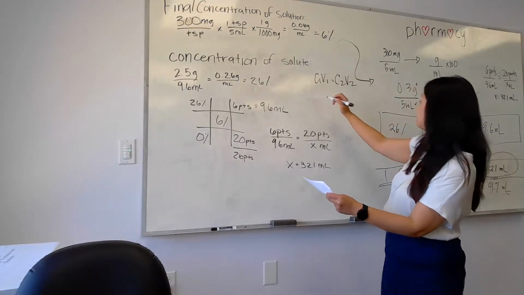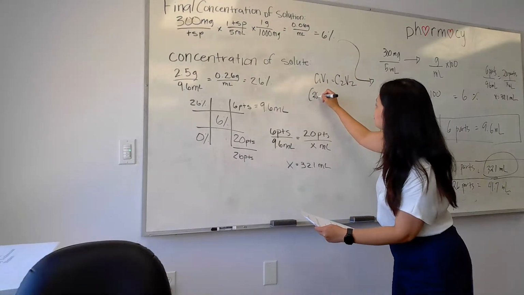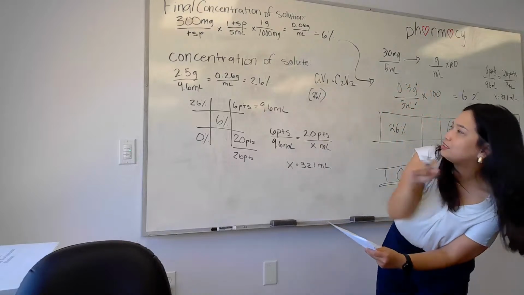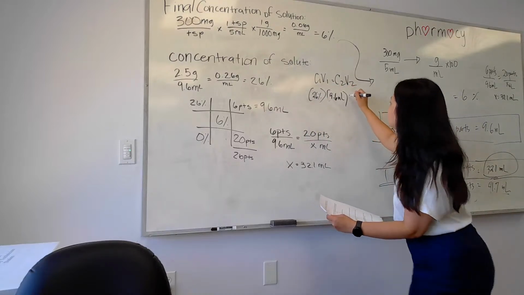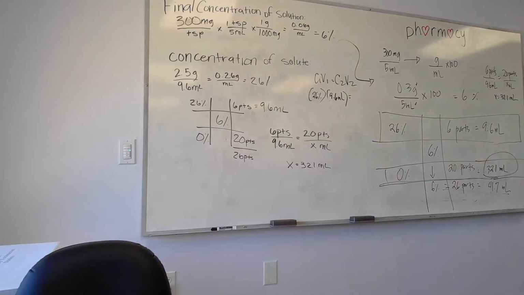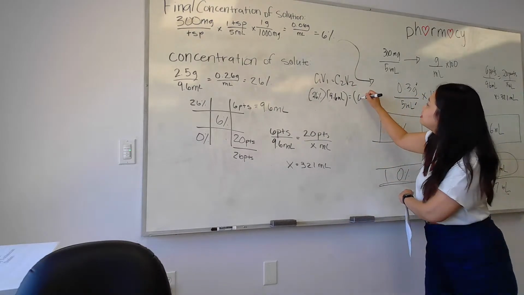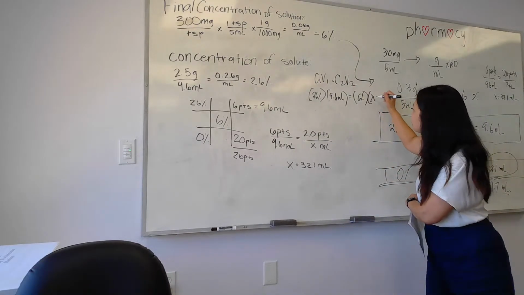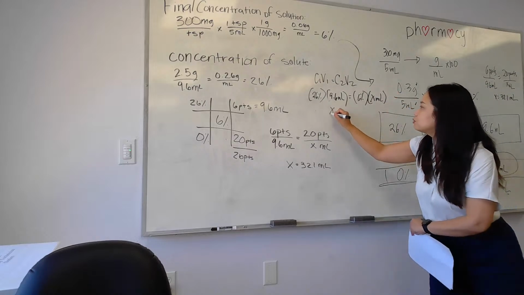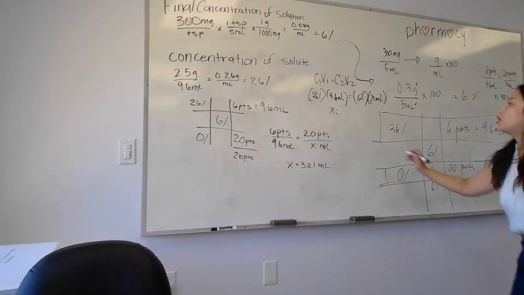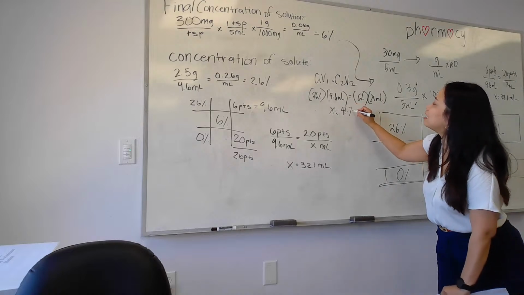What's your C1 concentration? It's 26%. What's your initial volume? 9.6 ml. And then what's your C2? Final concentration will be 6%. Then you can calculate the final volume, and this will be 41.7 ml.